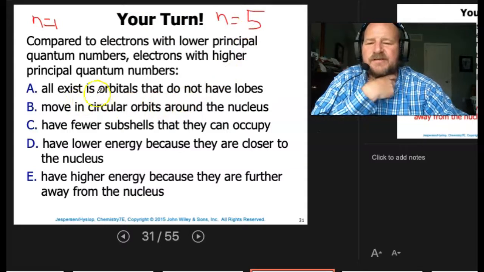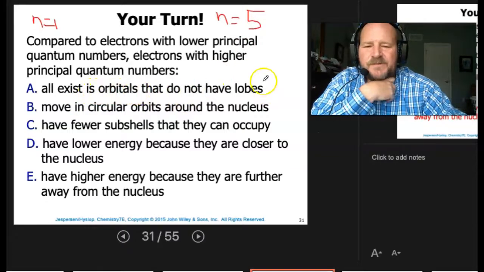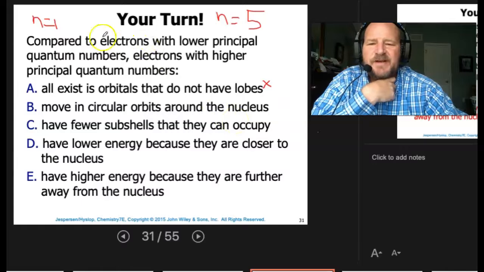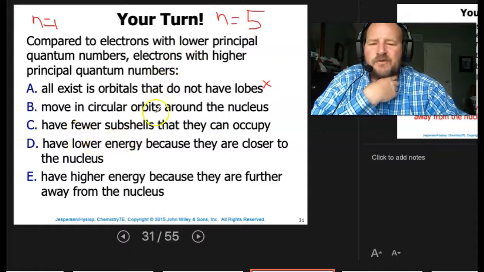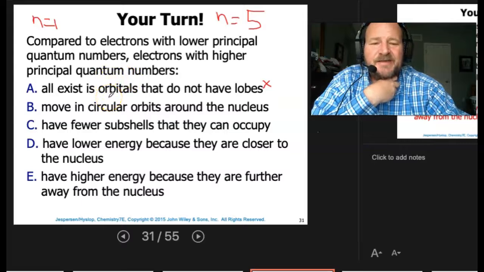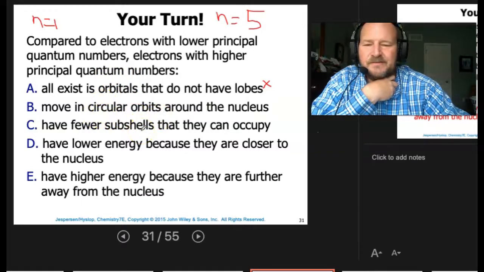No, because we could still be looking at the s in each one of these, and then we have no lobes. They move in circular orbits around the nucleus. Well, that used to be the thought, but obviously we just saw the p and the d are not actually circular orbits, so it can't be that one.